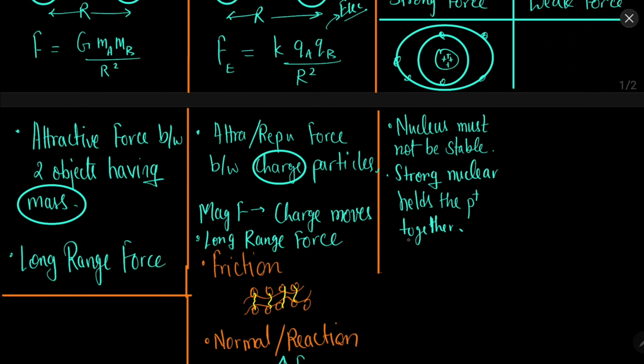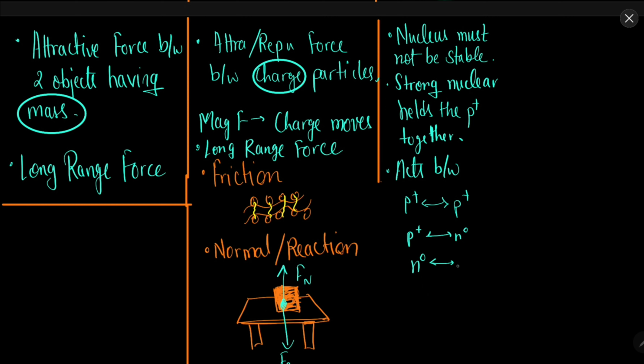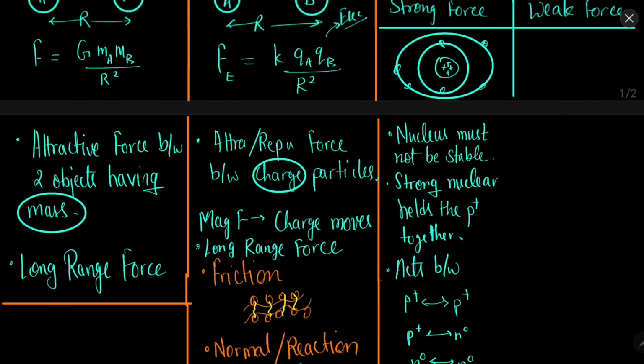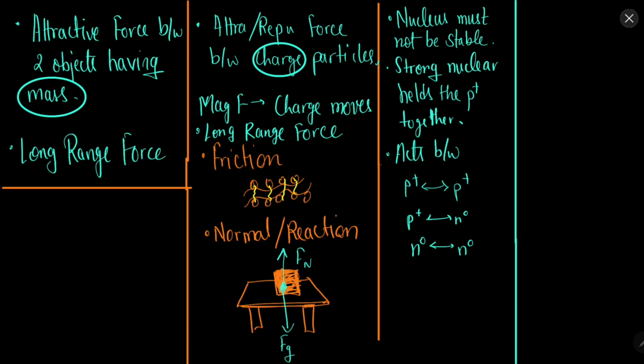This is the force which acts between protons and neutrons, and neutrons and neutrons. So there is one force in nature which acts between two protons, two neutrons, or even between one proton and one neutron, and that force is called the strong nuclear force, and that force holds the atom or the nucleus together.